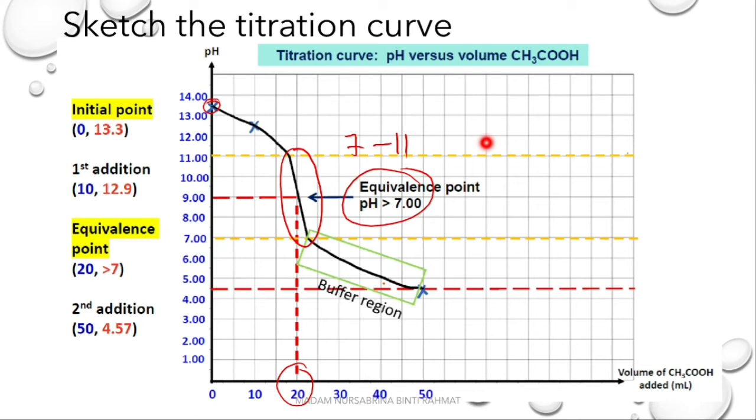So now in the conical flask, it's a combination of CH3COOH with its salt. That's why after the equivalence point, we have this buffer region. So the pH of the final solution will never go across the initial pH of our titrant, which is around 4.5.